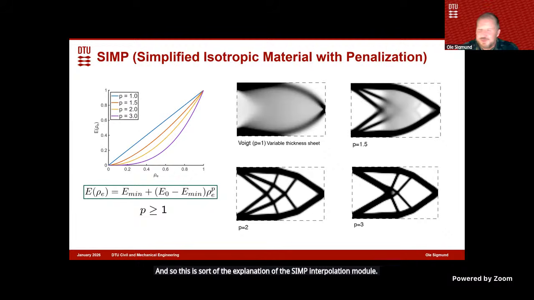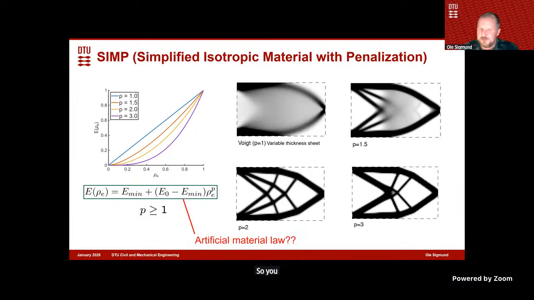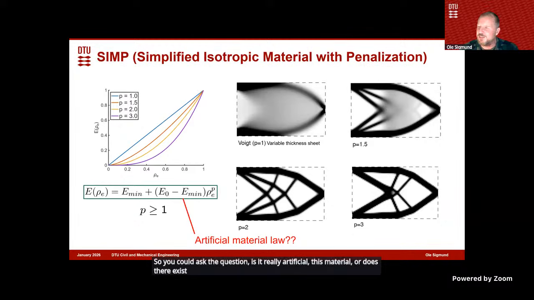Now, as you recall, Martin Bendsøe introduced the method back then as an artificial material interpolation model. So you could ask the question, is it really artificial, this material law, or does there exist physical materials that follow this relation between Young's modulus and density?